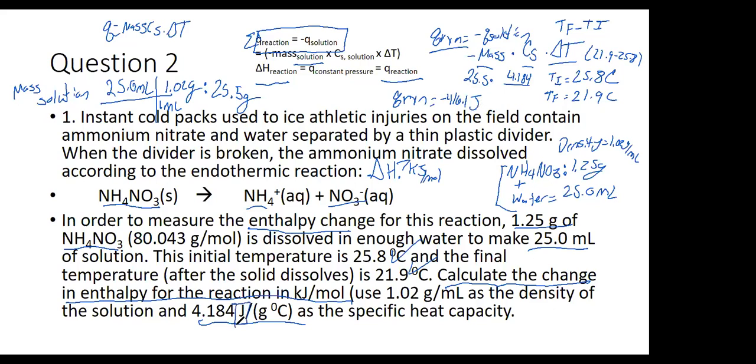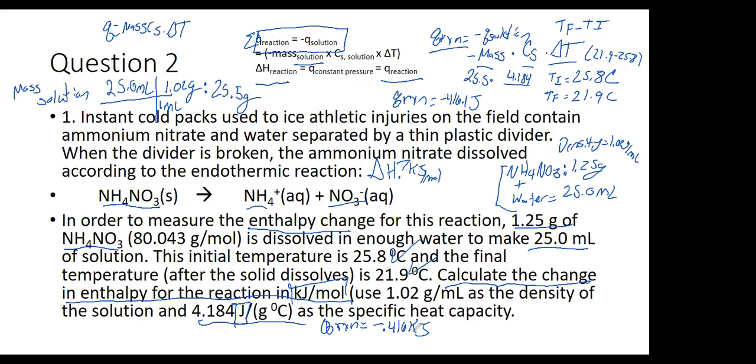Because the CS tells me it's joules: 4.184 joules per gram centigrade. So that's my Q reaction. All I did was multiply mass times CS times delta T. Remember, I want to solve for this in kilojoules per mole. So my Q reaction is negative 0.416 kilojoules. I just converted the joules to kilojoules; you just divide by 1,000.